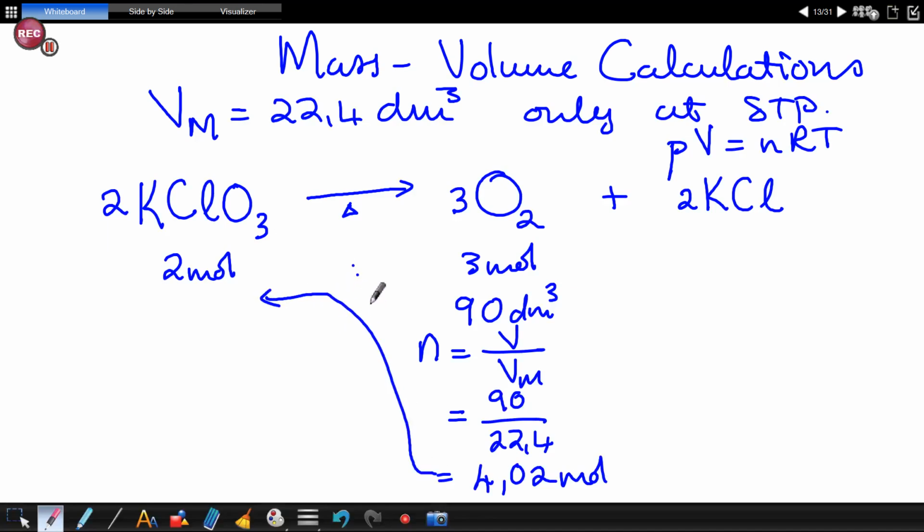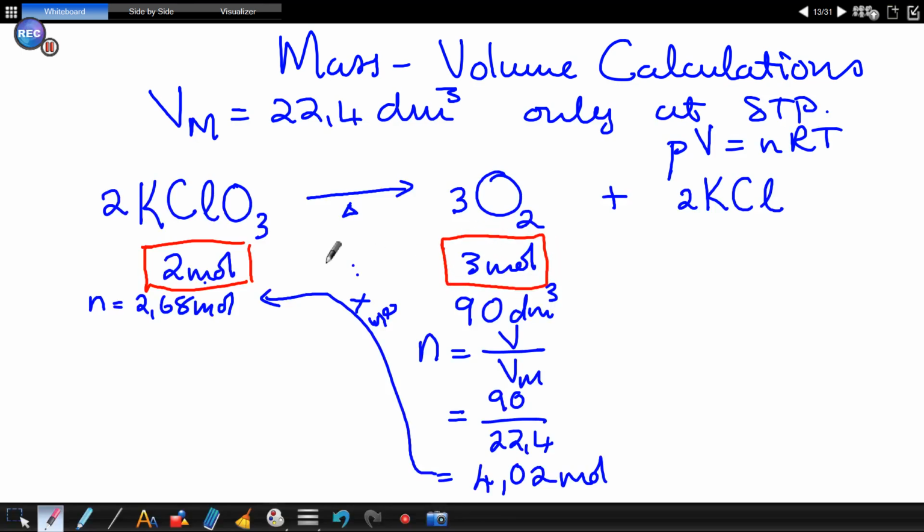So you have to divide by 3 and multiply by 2, or multiply by 2 over 3. The 2 over 3 I get from the mole ratio, and you get 2.68. Because the mole ratio is 2 moles of potassium chlorate will give me 3 moles of oxygen.